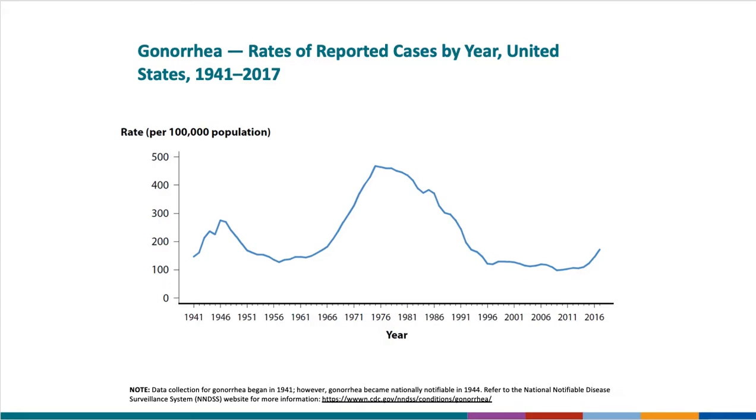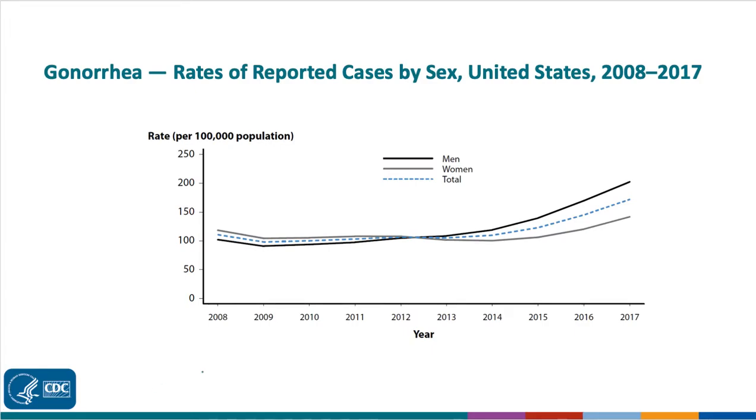Okay, so we saw a peak in gonorrhea cases during the war years, likely due to soldiers visiting brothels. It has decreased since then, but since 2010 has been increasing again. All right, you can see in this graph that in the most recent years, more men have reported cases than females.